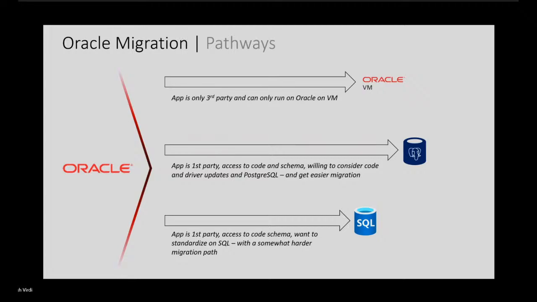Most of the time customers don't even know what features they are using, or they are bound to high-tech buzzwords like RAC or Oracle Exadata, and they don't know whether they can move out or not, right?